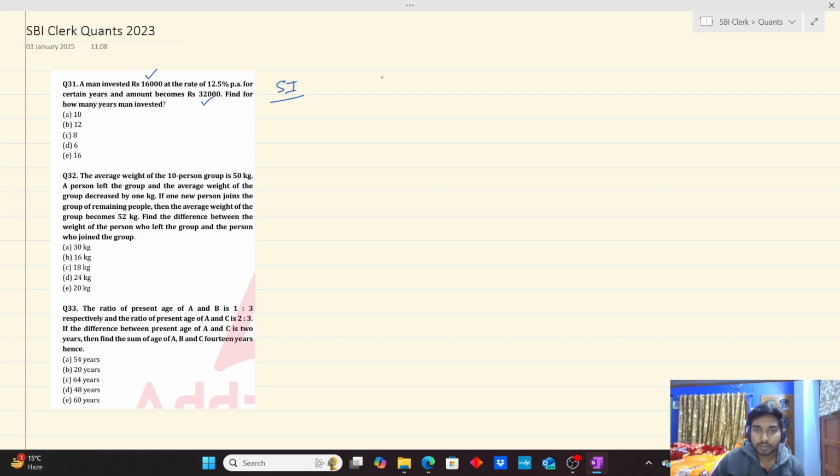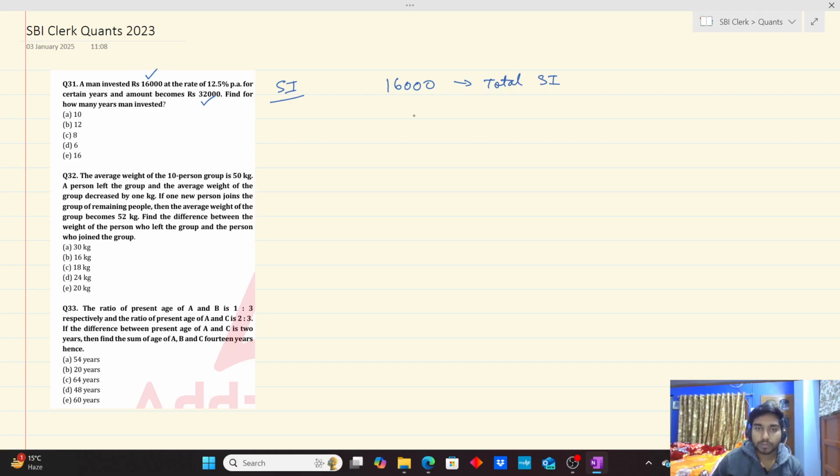What is the difference? Difference is 16,000 rupees. So that is my extra amount on top of the initial amount that we gained from interest, right? So this is my total simple interest, right?